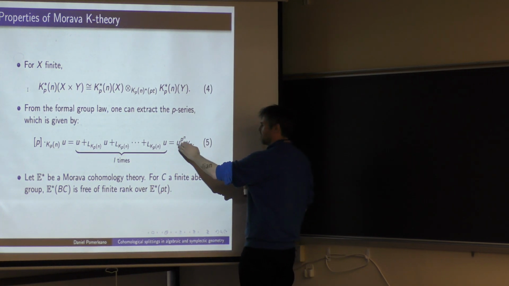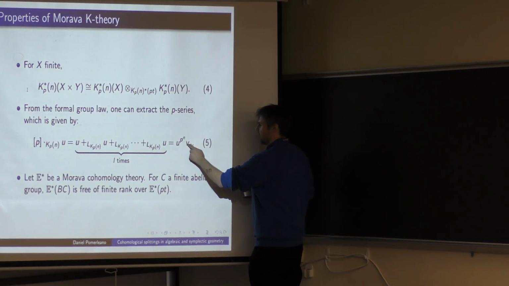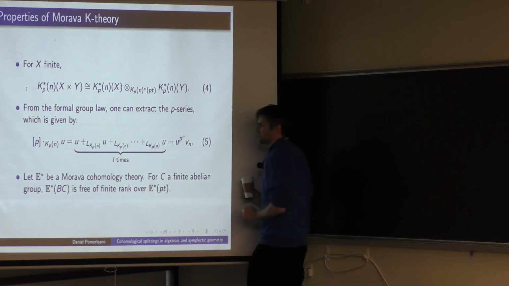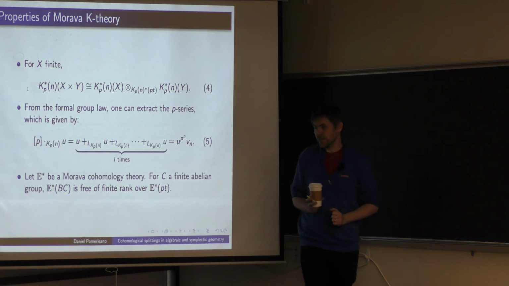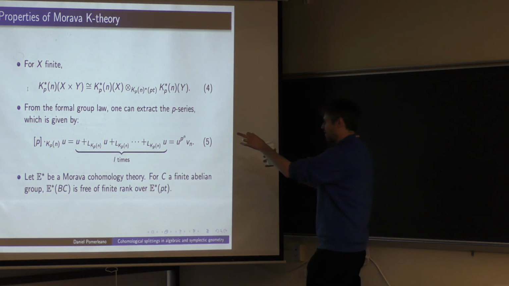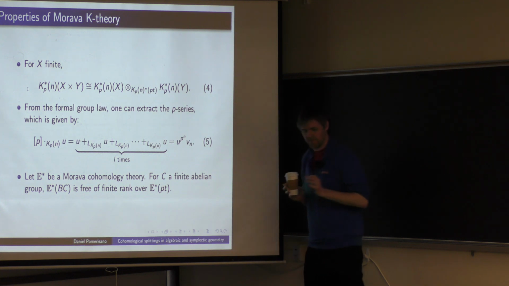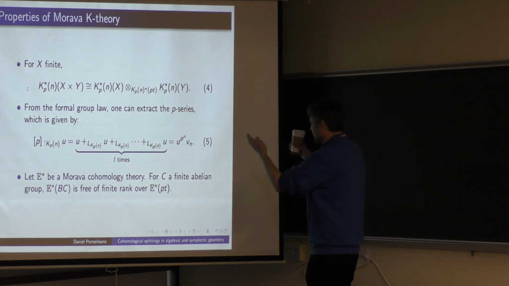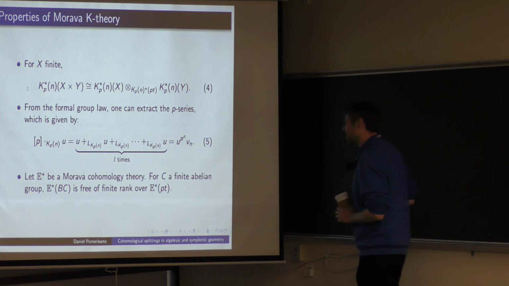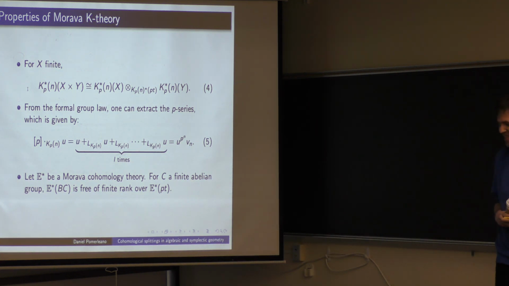But if you work in this Morava-K theory, this is some invertible element, and you're multiplying by u to some power times an invertible element. So this is much better from our point of view in terms of this Atiyah-Bott argument, because it's not 0. That's the main thing that's relevant actually.